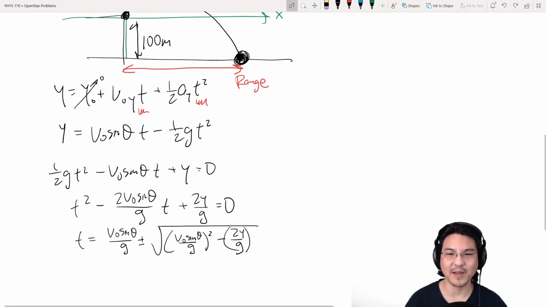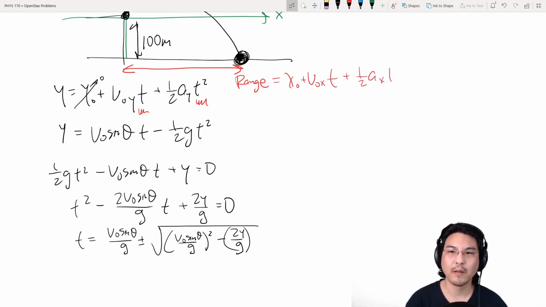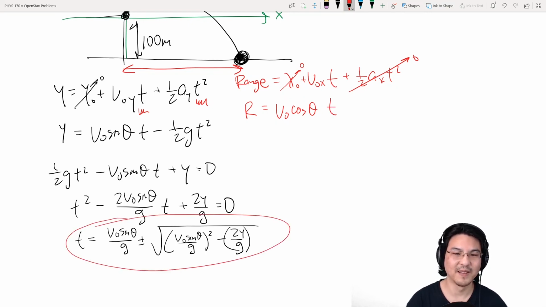I'll say range. AX is 0, and we started at 0. And we know V naught x is V naught cosine theta, range, t, and we got t right here. Just put it right there.